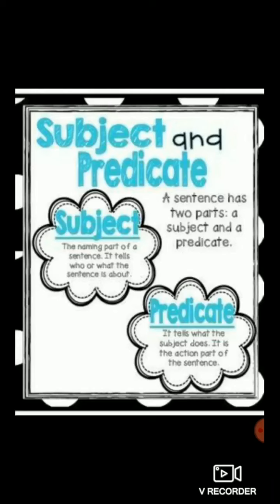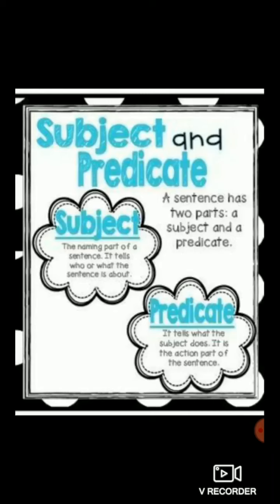When words come together, sentences are formed. And when sentences come together, a paragraph is formed. So, subject and predicate means what? The sentence is divided into two parts, subject and predicate. Let's see first what is subject.